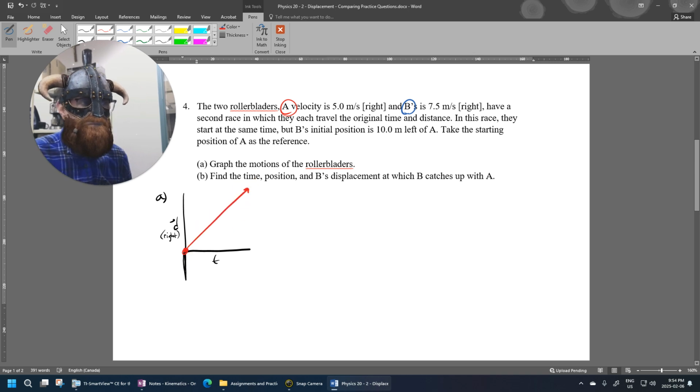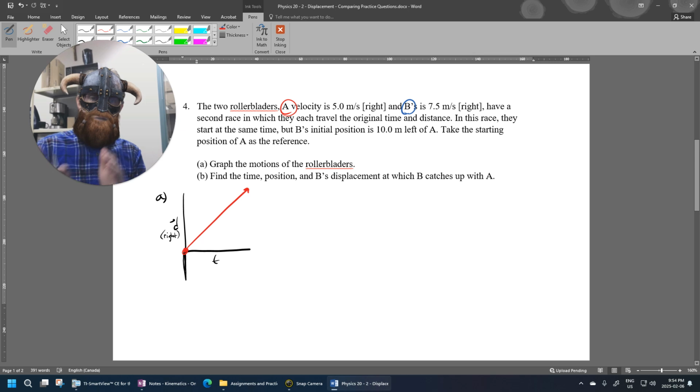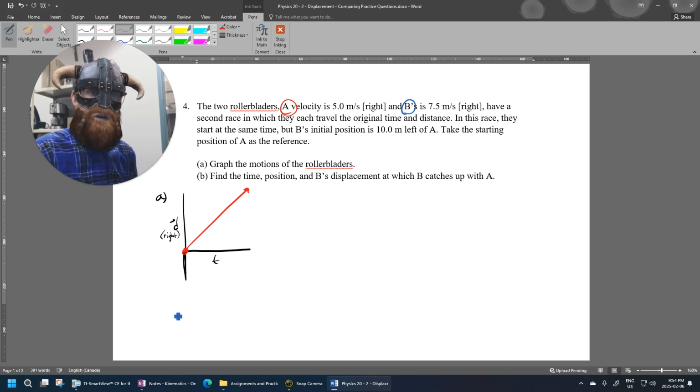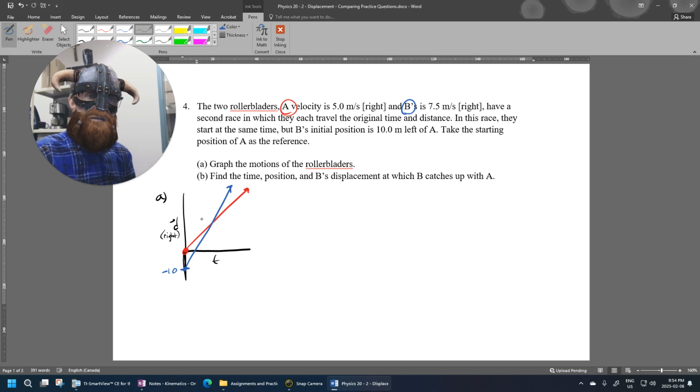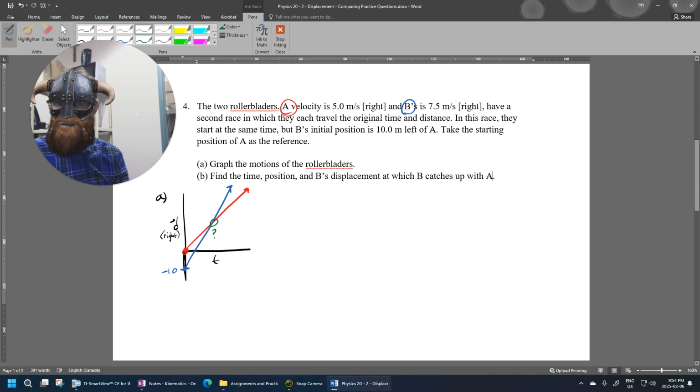But B has an initial position to the left. So I'm going to draw it 10 meters to the left, which is going to be into the negative realm here. So there's my 10. He's going to start here, but he's going faster, so I'm going to represent that with a steeper line. So there is what I'm trying to find: that intersection point there.